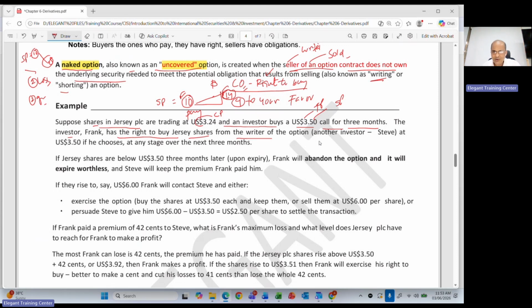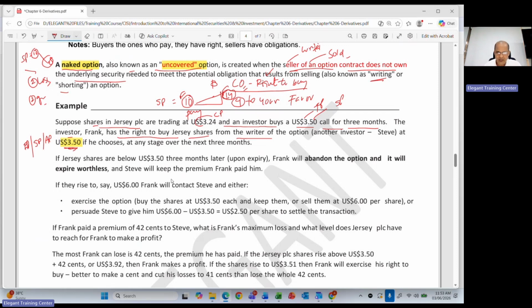Writer is who? Who has sold you this contract. You have bought the call option. So writer is selling that option to you. So this is your 3.5. That's my strike price. So strike price, also called agreed price, also called exercise price.